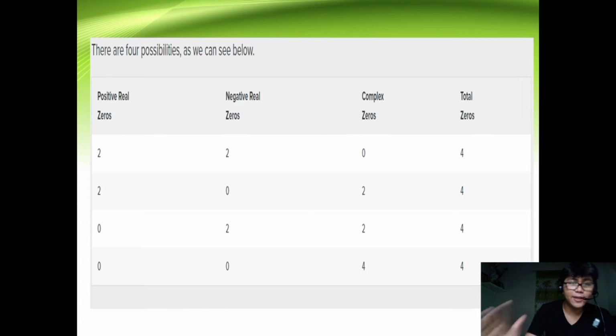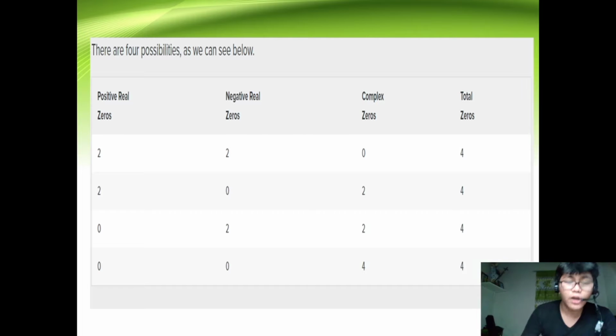So in the final step, there are 4 possibilities as we can see below. Again, we're going to find all the possible combinations, okay? Positive real zeros 2, negative real zeros 2, complex zeros 0. To find the complex zeros, also called imaginary roots, we just subtract the positive and negative real zeros from the total zeros.